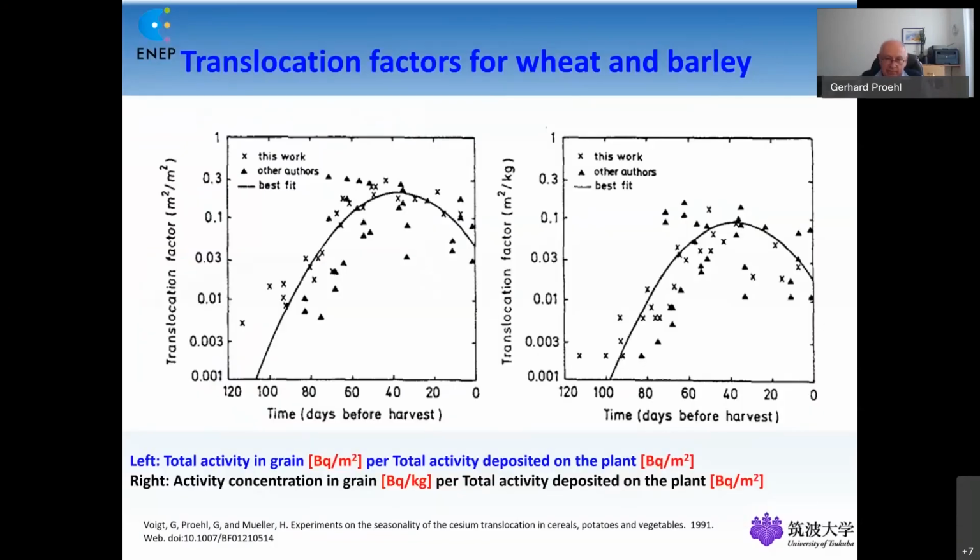And here we see the seasonality or the time dependence of the translocation factor for wheat and barley. In particular, about 6 weeks before harvest we have the highest translocation to other plant parts.